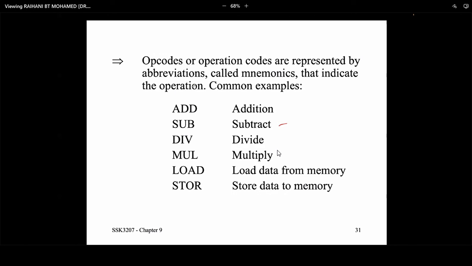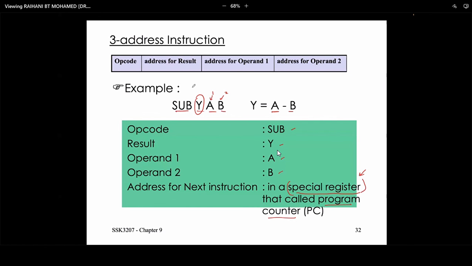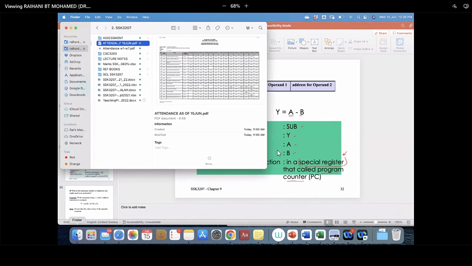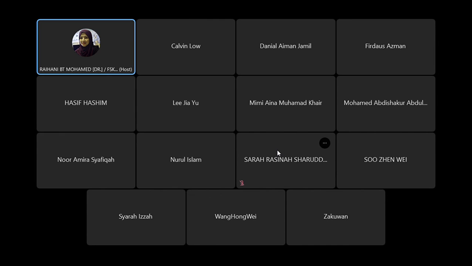Okay, so next week we will proceed with the next topic. We try to complete the next topic for next week, which is still under assembly language. I think on Friday we will proceed with the assembly format chapter.